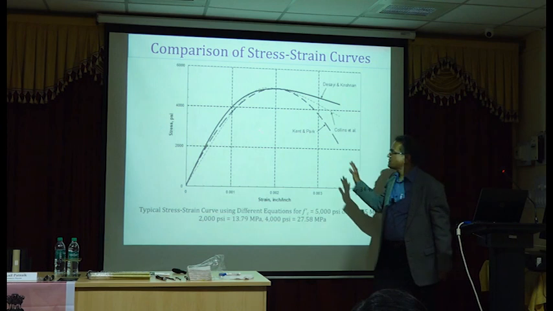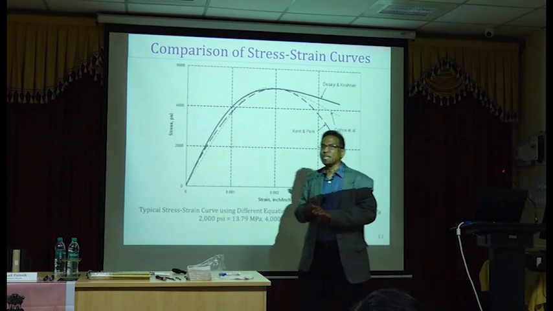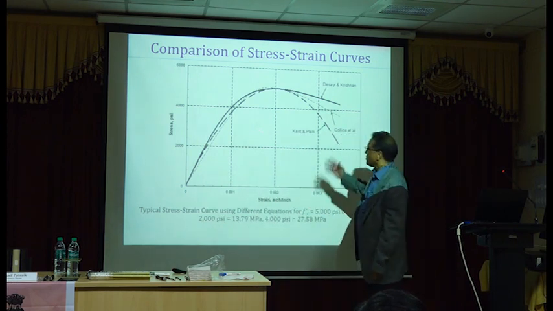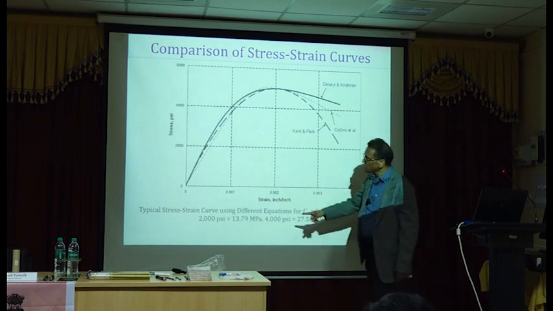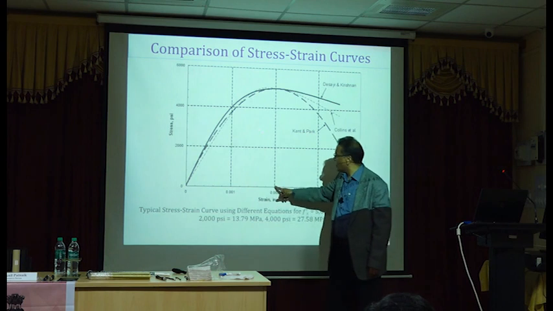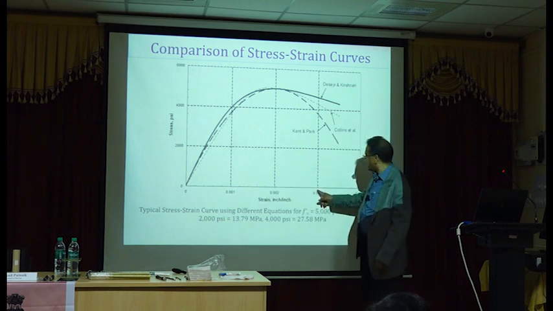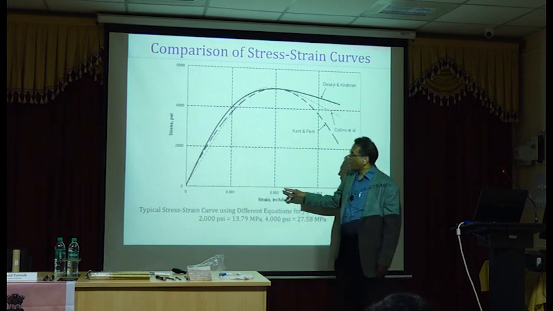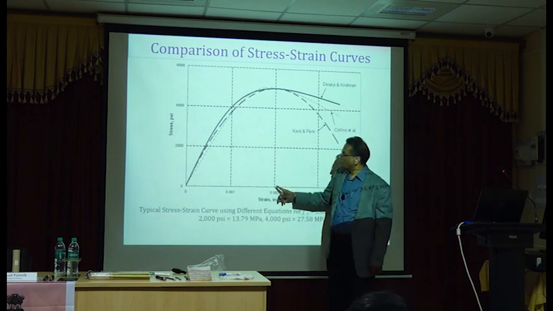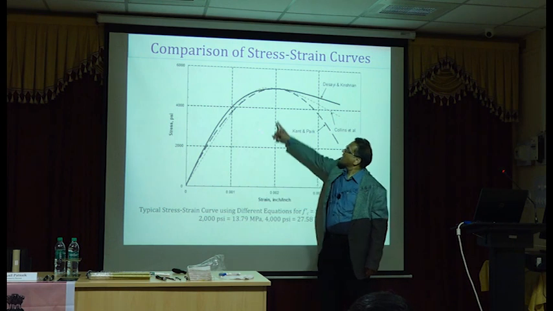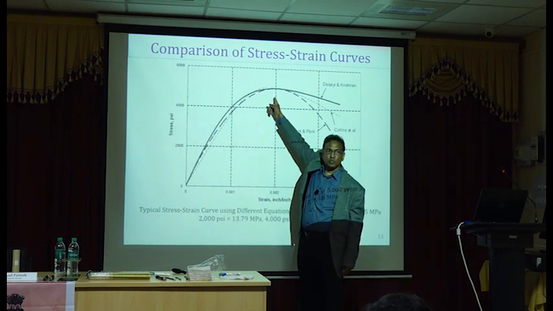So if you plot these three equations, I have shown only three, there may be many others, it will look something like this. On the x-axis you have strain, 0.001, 0.002, 0.003 and so on. Without any variation, all these curves assume that the peak stress is reached at a strain of 0.002. Okay?